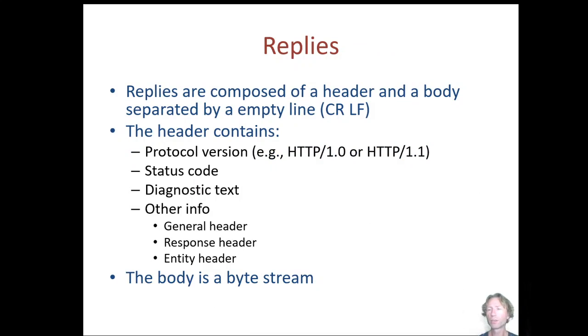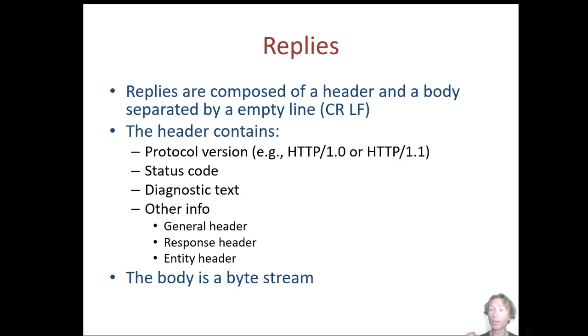Okay, so those were the requests. What about the replies? Well, replies are somewhat similar. They are also composed of a header and a body that are separated by a carriage return line feed. And the header contains the protocol version again, so maybe HTTP 1.1, a status code, right?